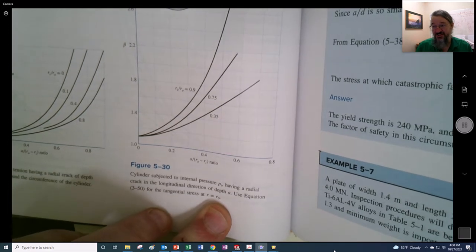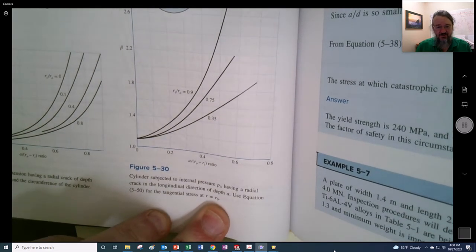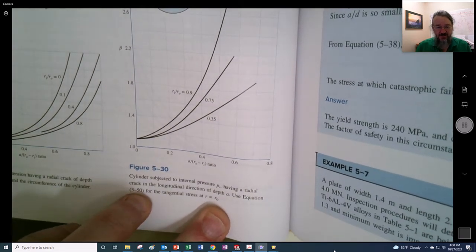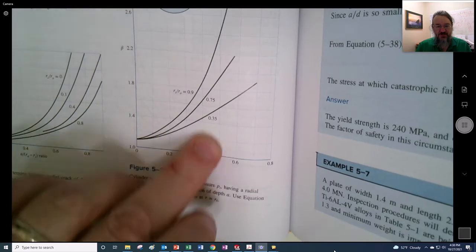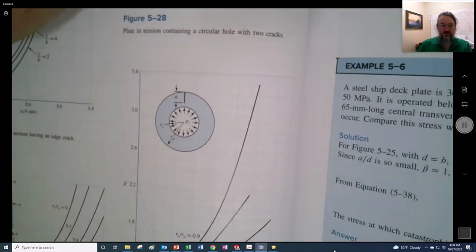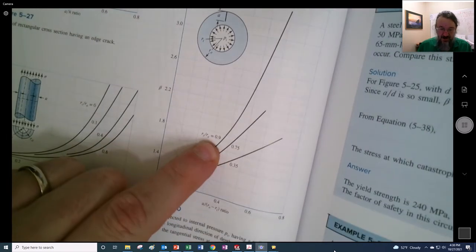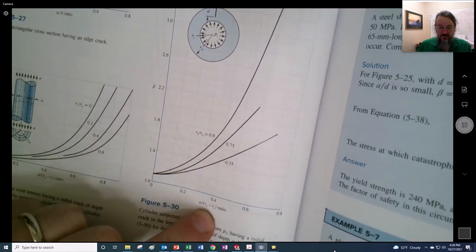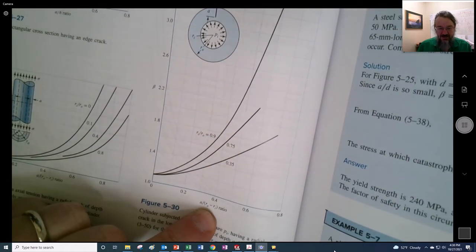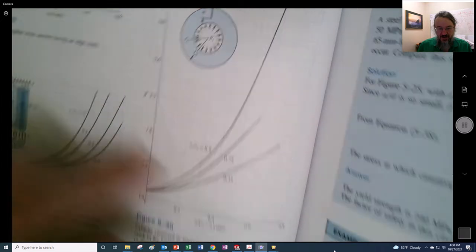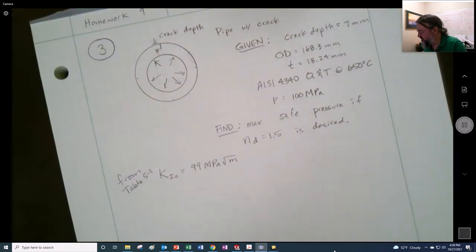So they give us the instructions of what to do. Before we go there, let's pull off what we need from this figure. We need Ri over Ro, and we need a divided by Ro minus Ri. Let's take care of those things.